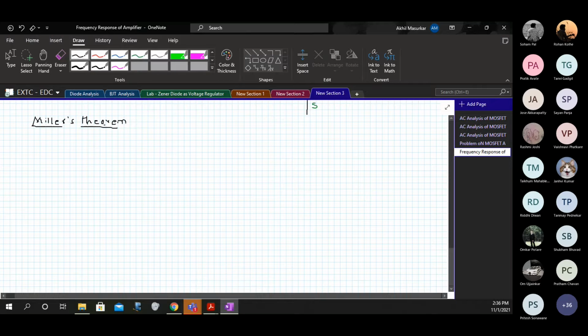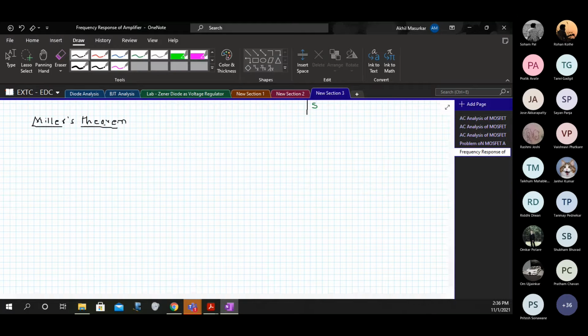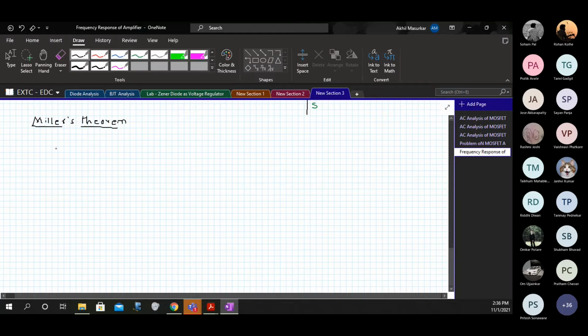Now what is Miller's theorem? Okay, so first we will see the theorem, because in the exam they'll ask you this for some marks. So let us say that we are having two nodes in a circuit, like this, and between them there is an impedance.